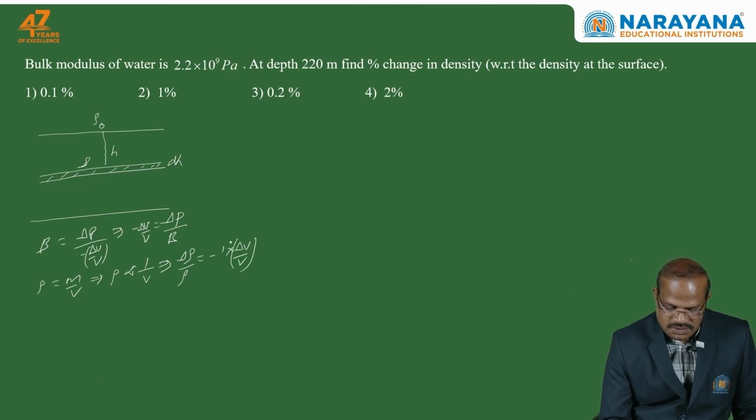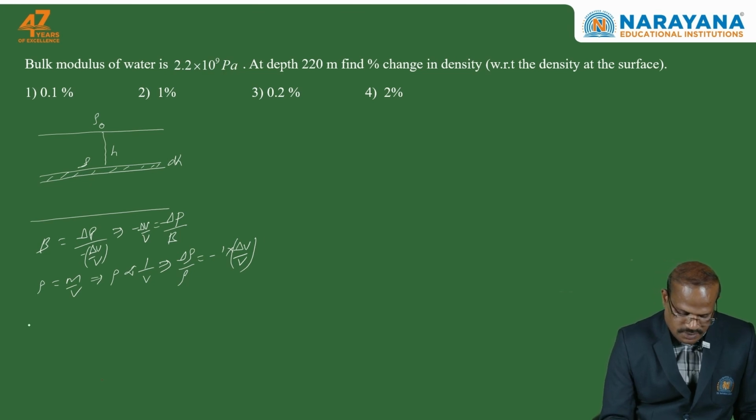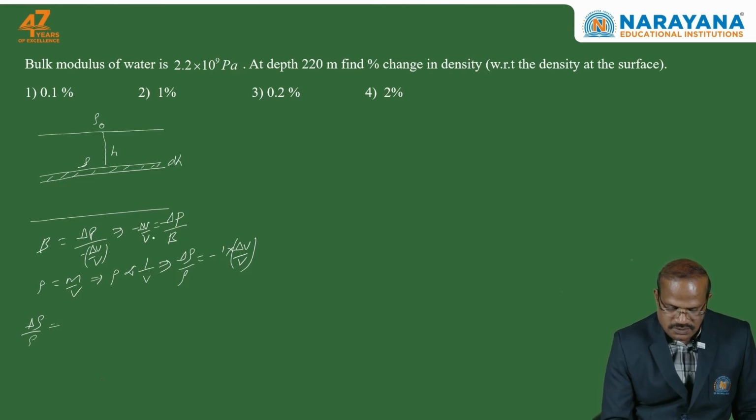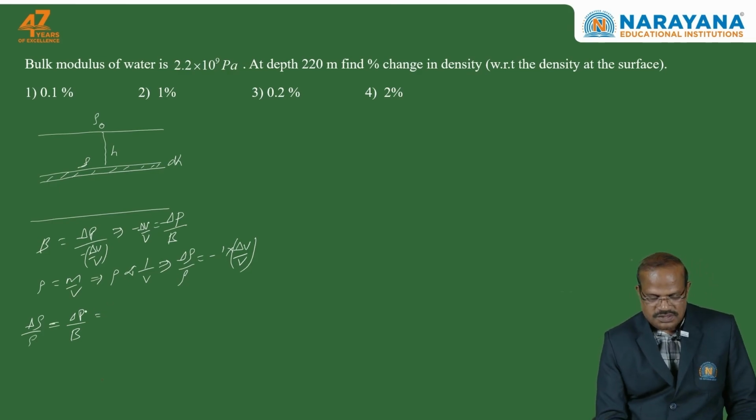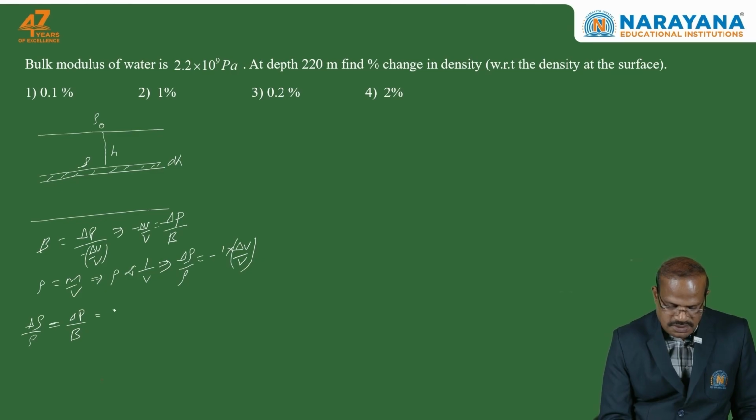So this is nothing but delta rho by rho, the fractional change in density. You can substitute minus delta V by V as delta P by B. Here delta P is the change in pressure, which is dH rho g.